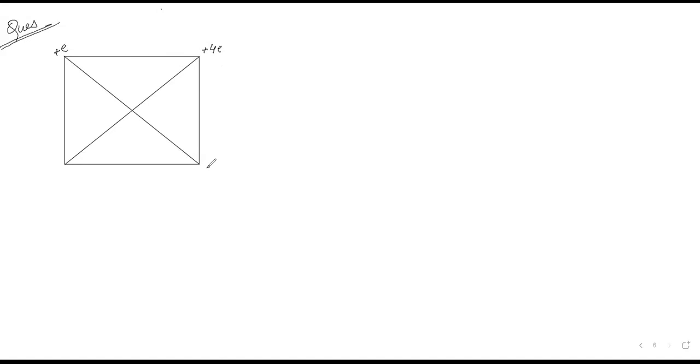This is your minus E. And this is your minus 2E. The separation between these two is A. Some other point at this position.